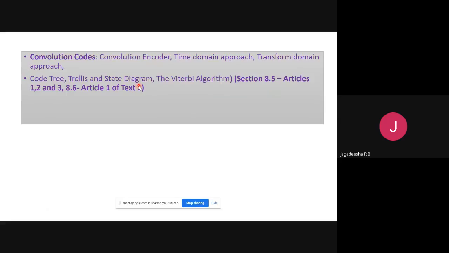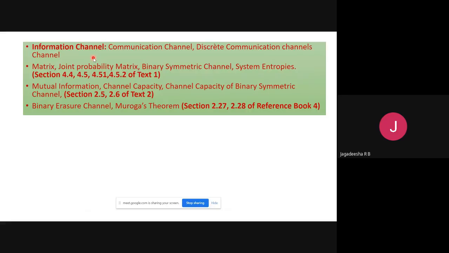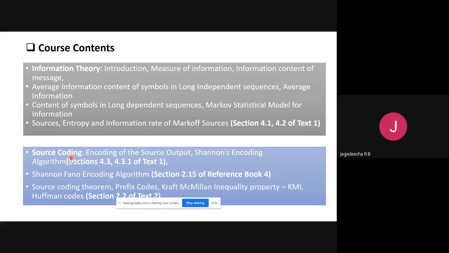So as I mentioned about these five modules, this is the fifth module, and we have the fourth module. Here is the third module regarding the channel, and we have the second module regarding source coding, and the first module is a general introduction to information theory.